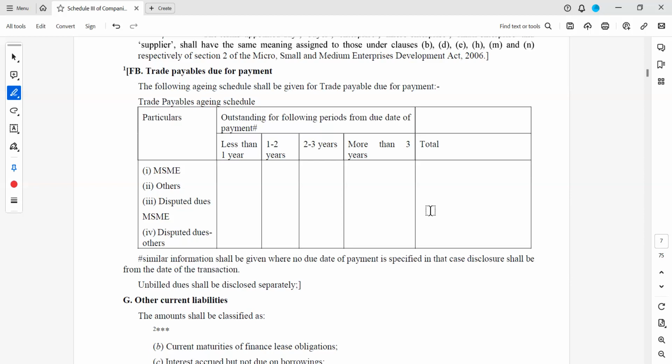All these things have to be taken care of by your software, either Tally or any ERP. Whenever you are creating a vendor master, you have to be very careful, because if you don't maintain your masters properly, how will you report all these things? It is totally difficult. You cannot do this manually.